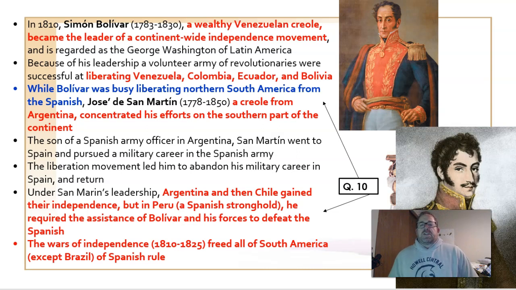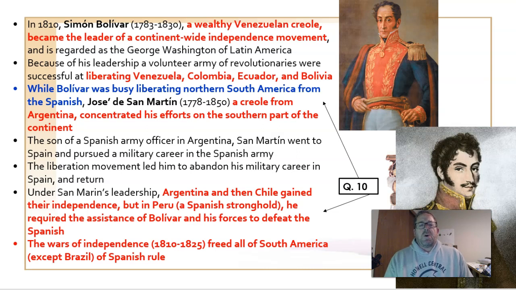Okay, so there are two names that you need to be familiar with. These are both Creoles, European educated military figures. The first is Simon Bolivar, and the second is Jose de San Martin. They both play a role in leading forces against those forces that are loyal to the crown, and they lead this successful independence movement.